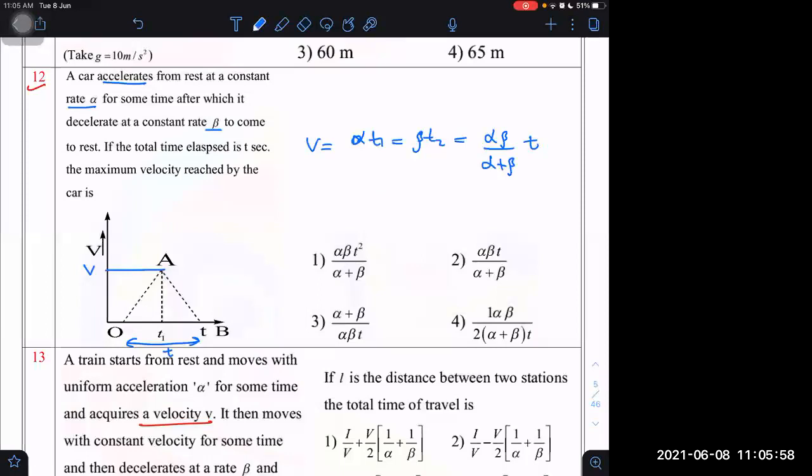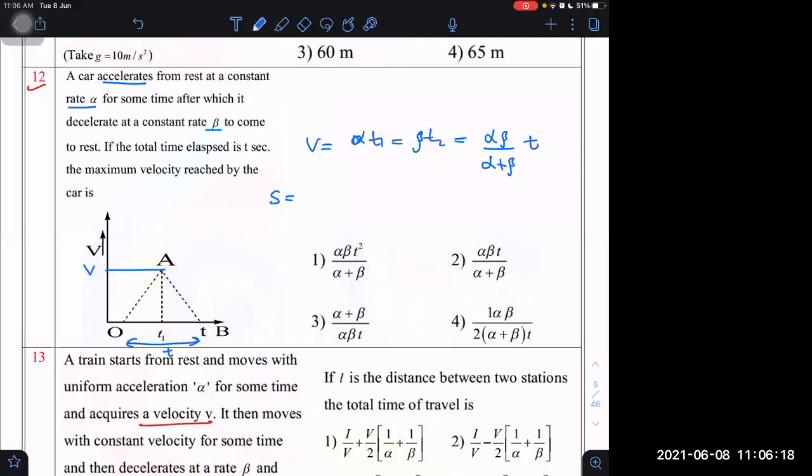Once we know Vmax, can we get the area under the graph, which will be displacement? They are not asking that, they are asking maximum velocity reached. But in general, if they ask displacement also, displacement will be average velocity into time, or half into base into height.